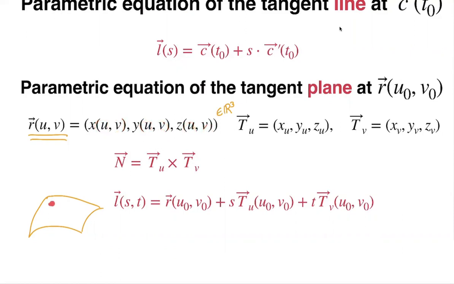Let's fix one point, r of u0, v0. So we want to find the tangent plane at the point r of u0, v0, okay?